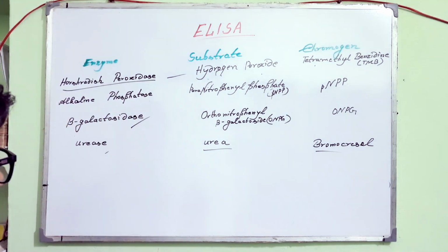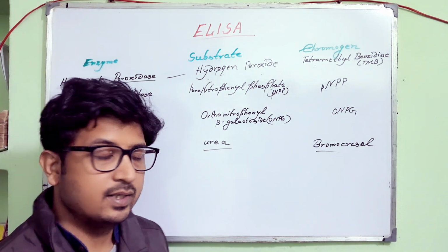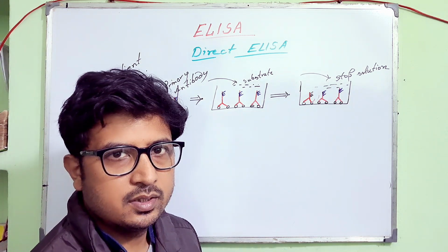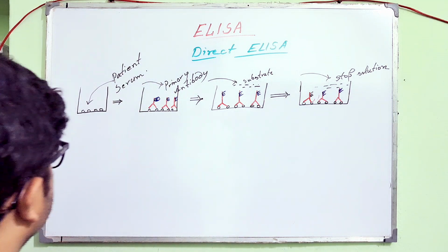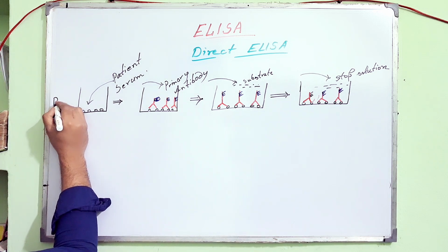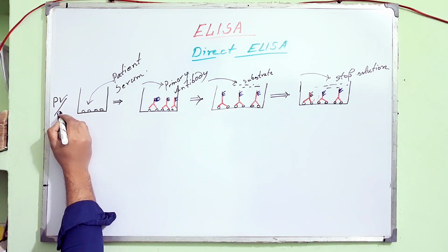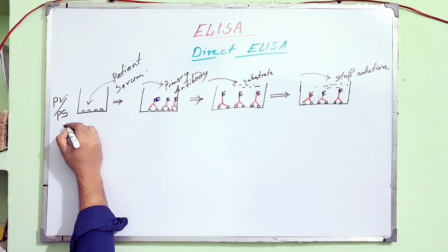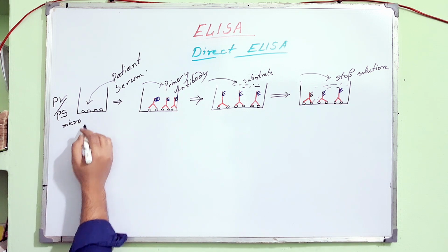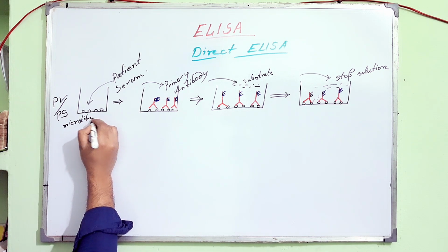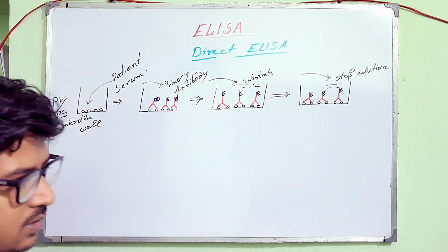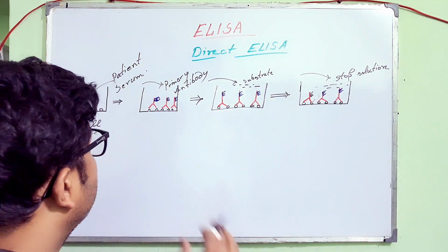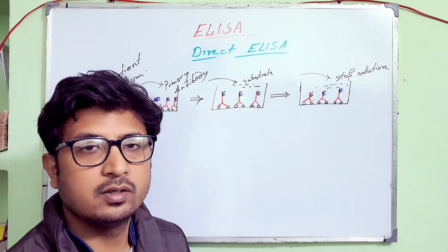Now let's go to the direct ELISA. In direct ELISA, this is the PV, polyvinyl, or PS, polystyrene, microtiter well. There are 96 wells in a plate, and I am just drawing one well from the 96.